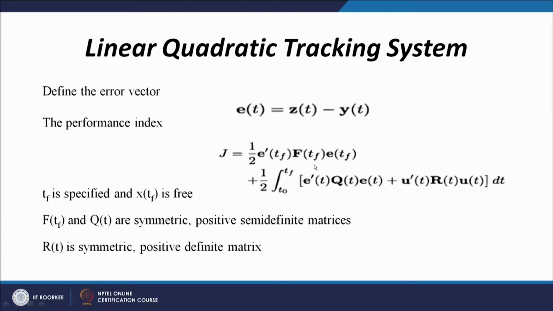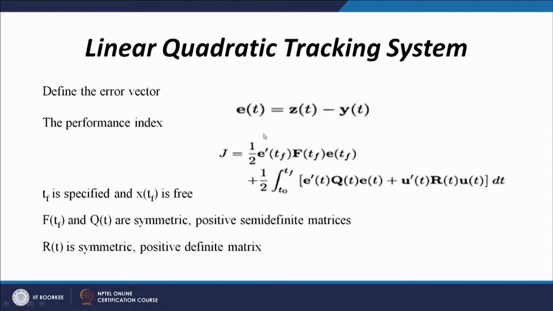So at terminal time we are trying to minimize the error, and also over the time interval from T 0 to T f we are trying to minimize the error as well as the control effort, so that my actual output y t tracks my desired output z t as closely as possible when the error is minimum.